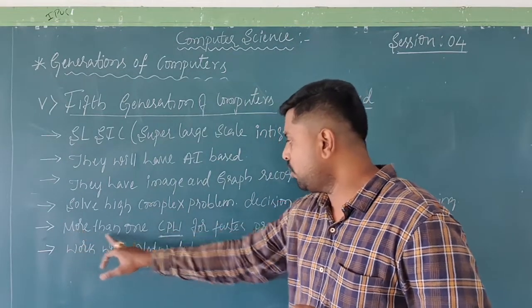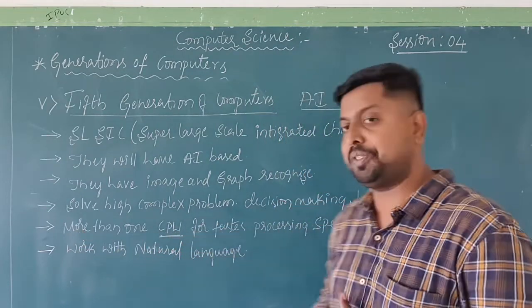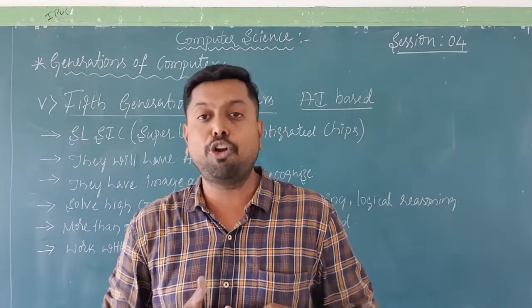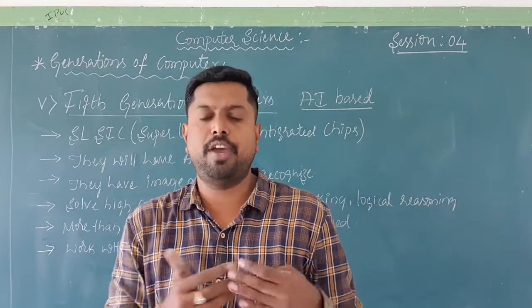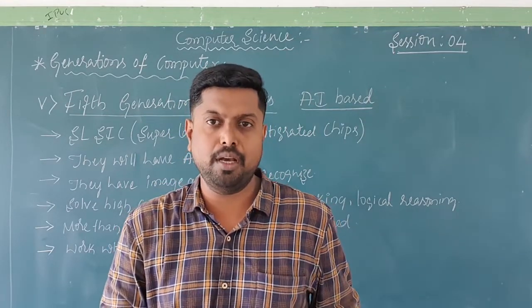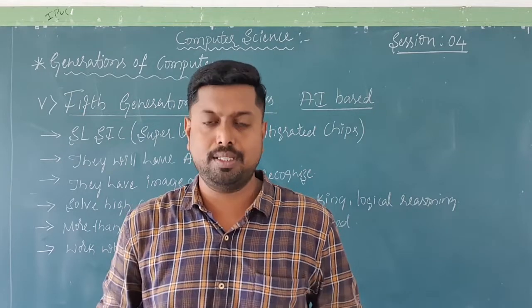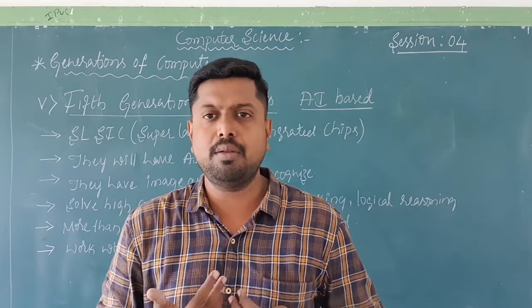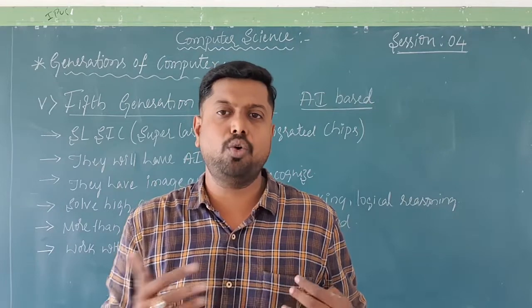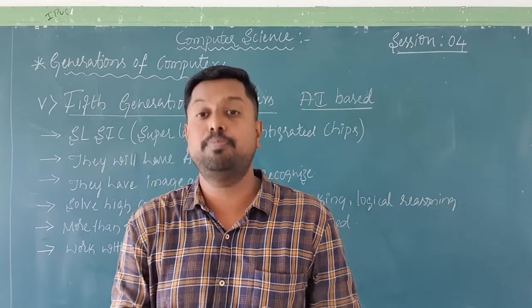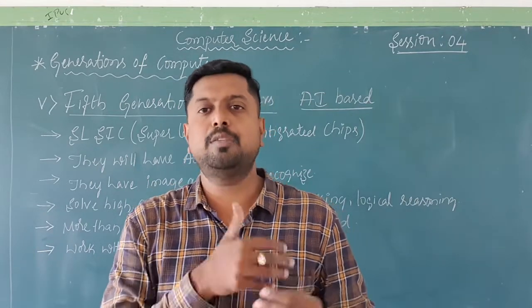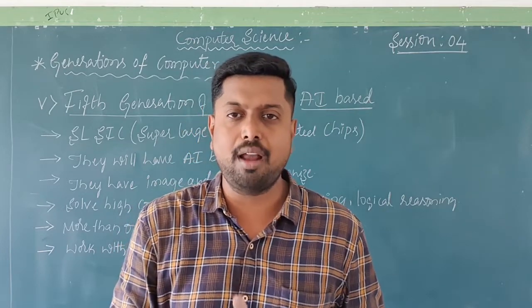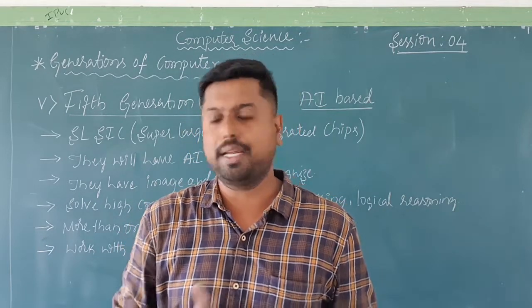And it will work like more than one CPU for faster processing speed. When you are using this type of computer, it acts like more than one CPU. That means it works like two or three computers together. That much speed is what the fifth generation computers work with.